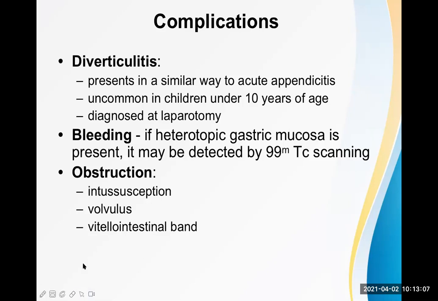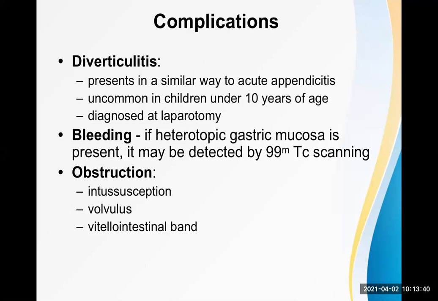And then there may be persistence of the vitello-intestinal band. There may not be a complete diverticulum up to the umbilicus, but from the apex of the Meckel's diverticulum, one fibrotic band may start and end up at the umbilicus.